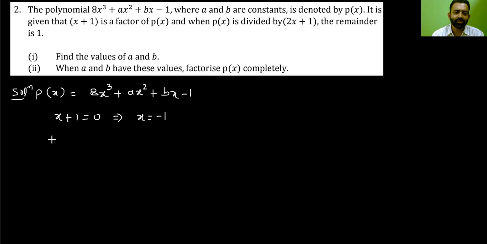So you put p(−1) and you will get the value 0. I can write the reason here, that from the factor theorem I am saying this. It is always helpful for the examiner if he is checking, to see why you are saying that p(−1) is equal to 0.